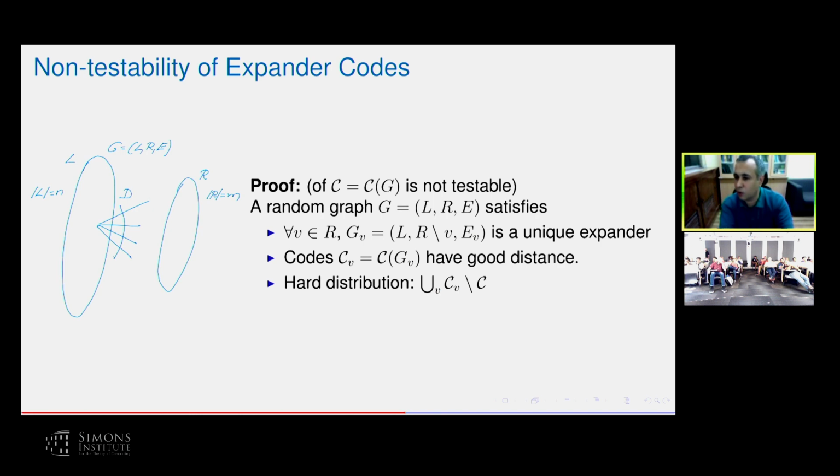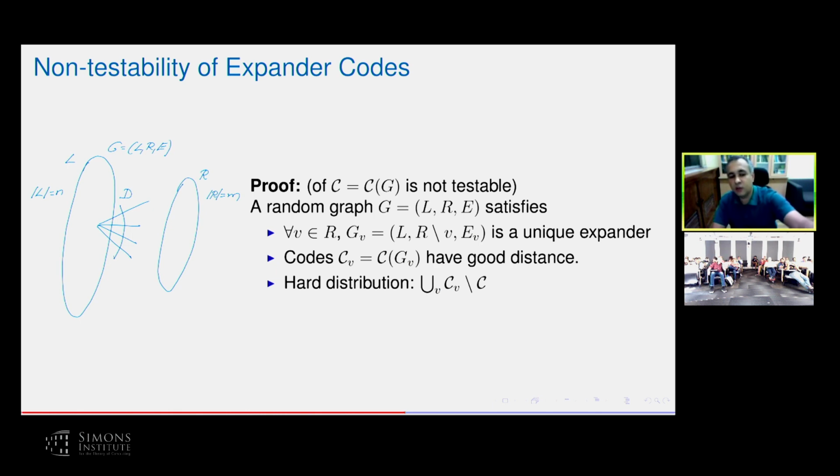This is certainly not a code word, but from what I have said so far, all of these words are far from the code, and one can show, if you go over the construction, that there is no easy way of recognizing it, because I picked the violated constraint at random. It's a random right constraint.